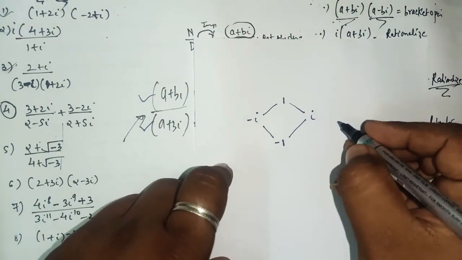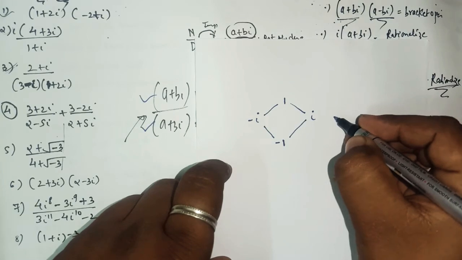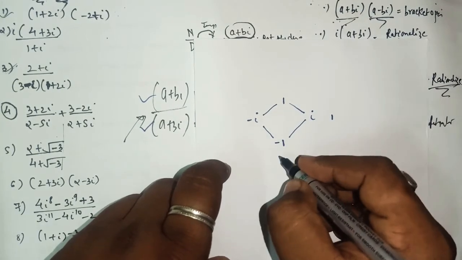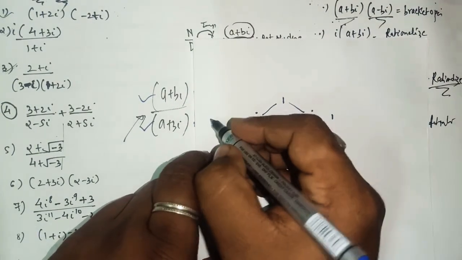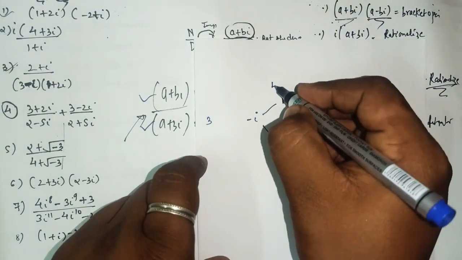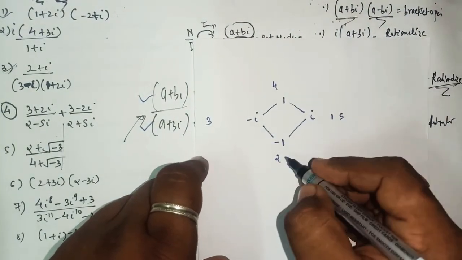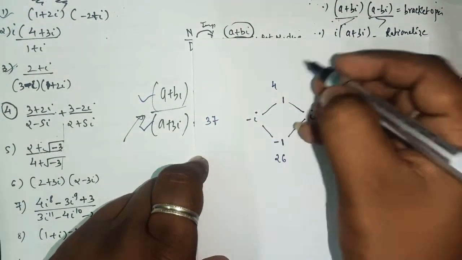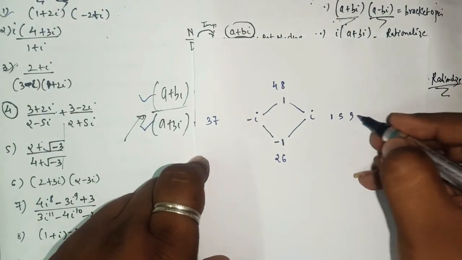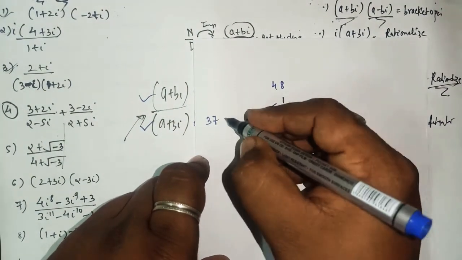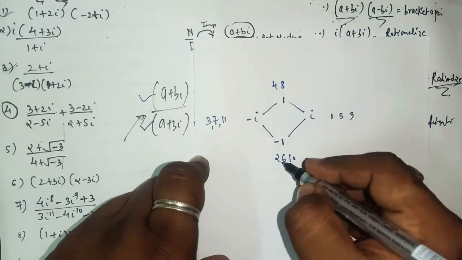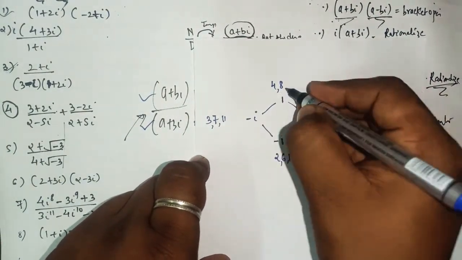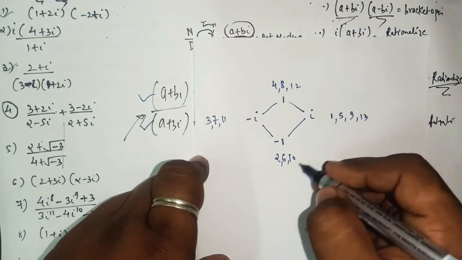So to find the answer, I will start writing the numbers. First I will write 1, 2, 3, 4, 5, 6, 7, 8, 9, 10, 11, 12, 13, 14.